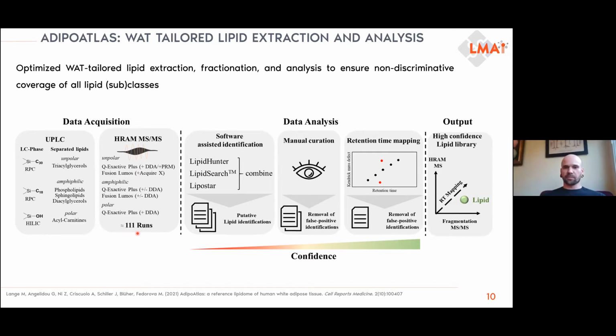Therefore, we also curated our data manually, and we performed structure retention time relationship analysis to rule out false identifications. This enabled us to get a lipid library of the adipose tissue that is curated in 3 dimensions: the accurate mass, the fragment spectrum, and the retention time as 3 independent ways of analyzing these lipids.